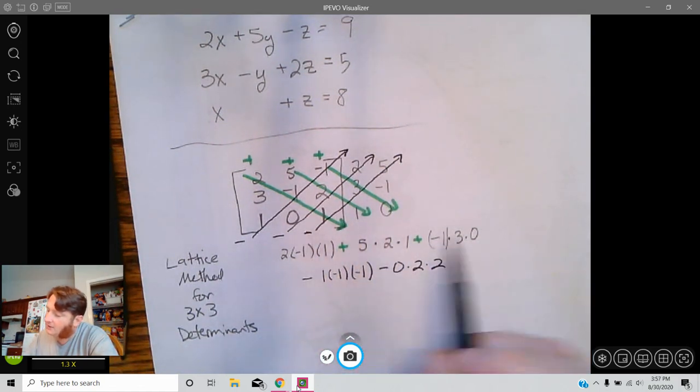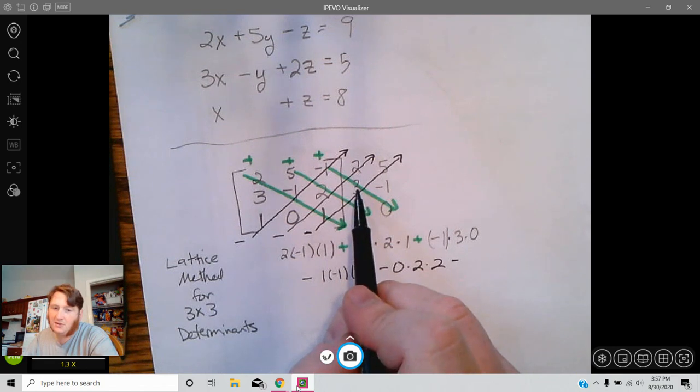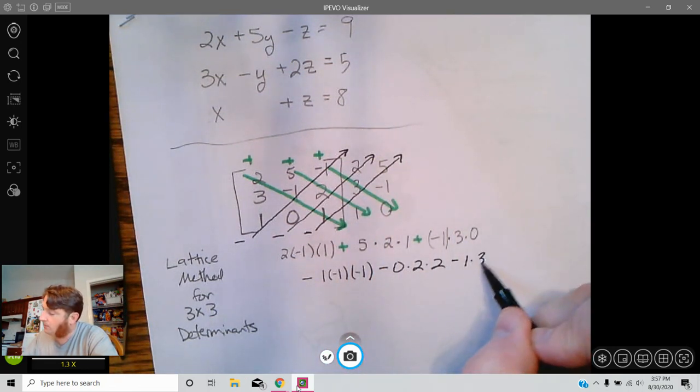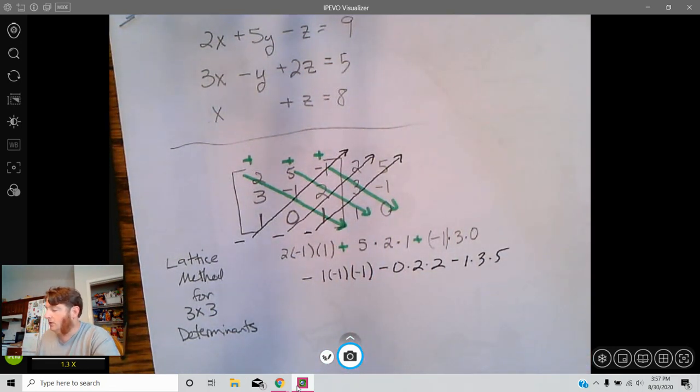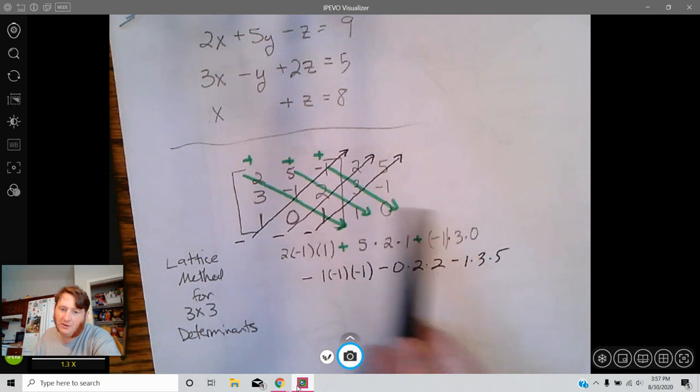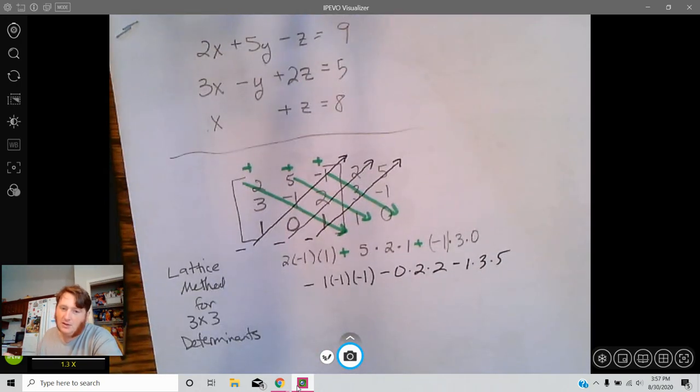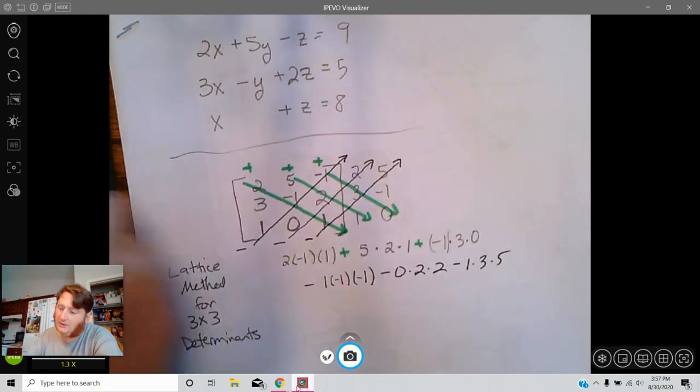So we would subtract 1 times 3 times 5. You could also just add all of the up diagonals together as additions, and then just remember to subtract that number from whatever you get for this number. So that's kind of the structure. It's a lot more complicated because there's a lot more pieces.